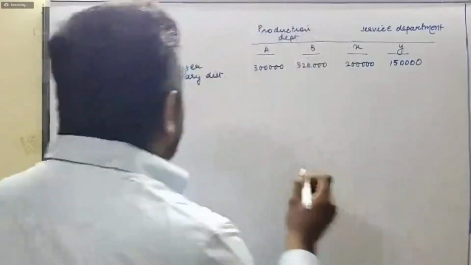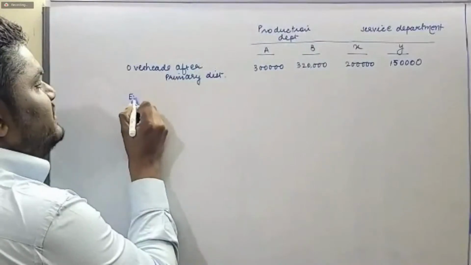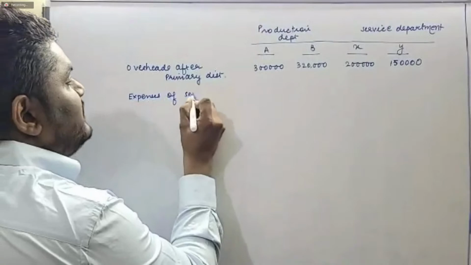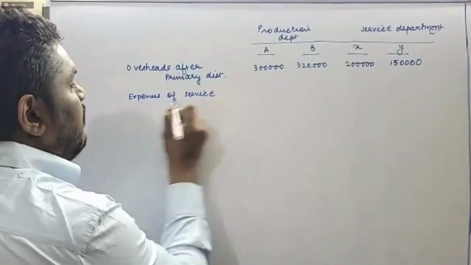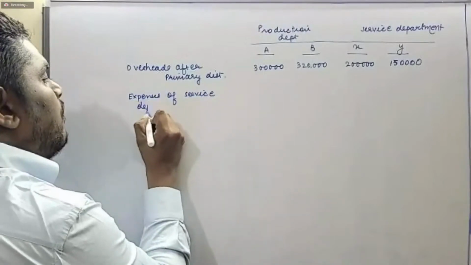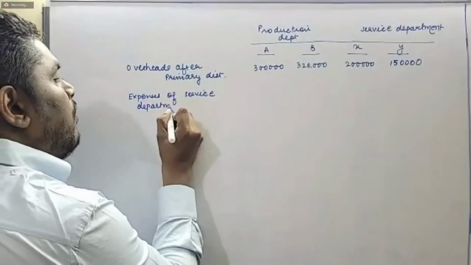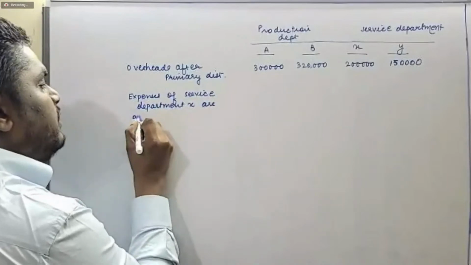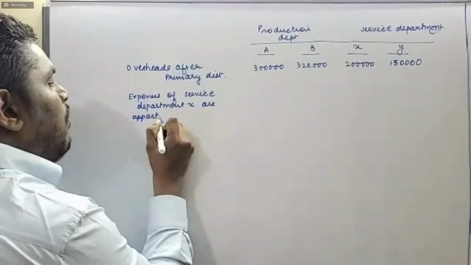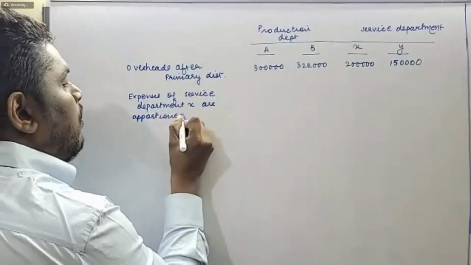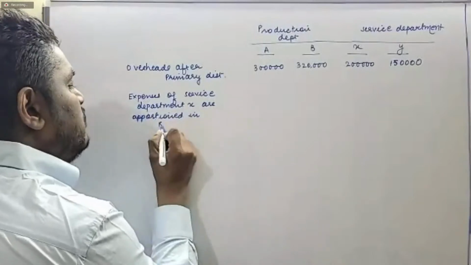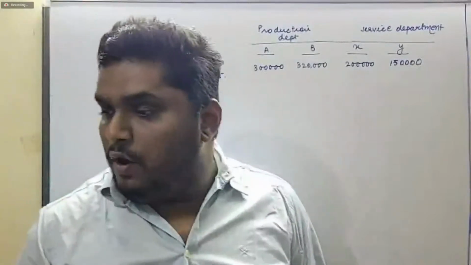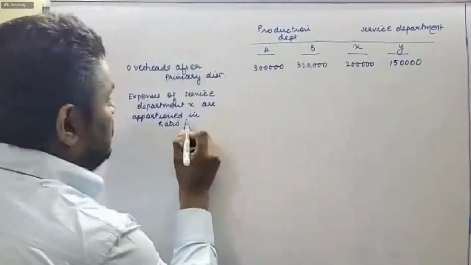So expenses of service department X are apportioned in the ratio 40, 35, and 25.